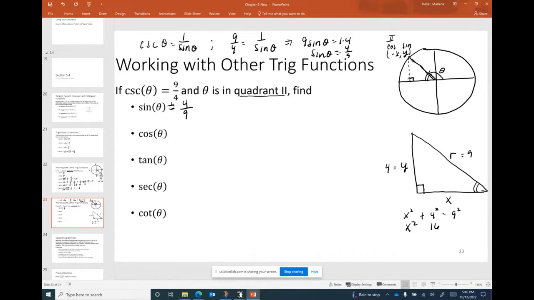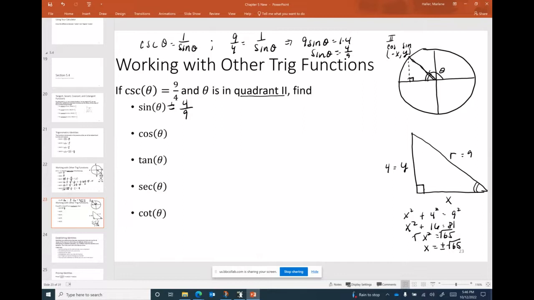Okay, x squared plus 16 is equal to 81. Subtract the 16 from both sides, so x squared then is 65. Take the square root of both sides. x is going to be equal to positive or negative square root of 65. Well, which one is it? If it was a measure of a triangle, we would say positive, but it's not.